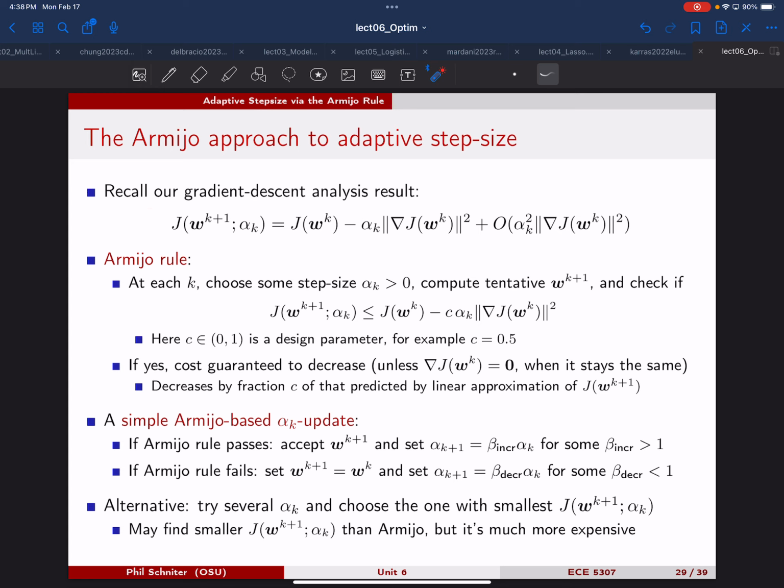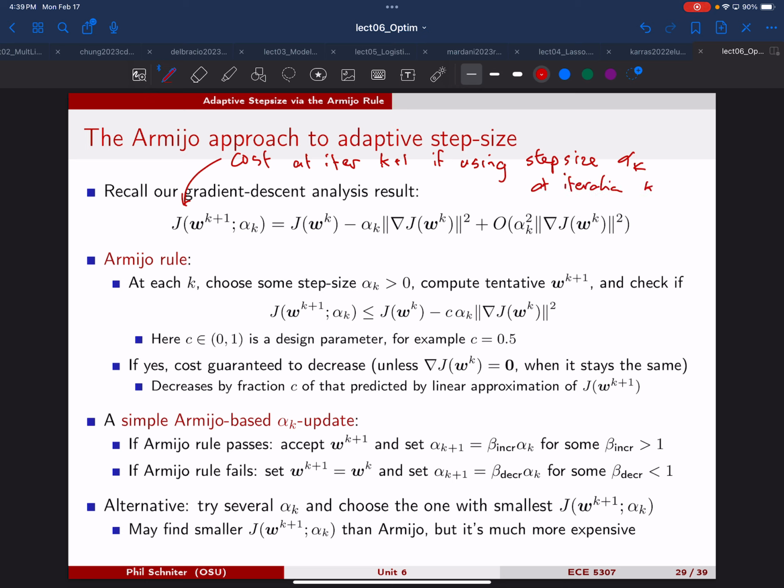So if you look at this equation, this is the cost at iteration k plus 1 if using step size alpha k at iteration k.